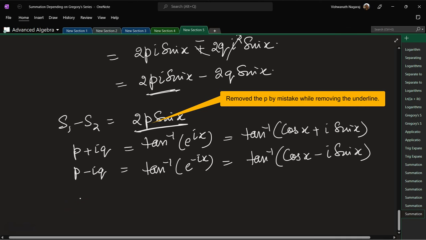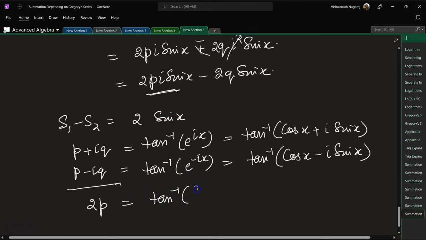Okay, so let's take this 2p sine x. No, before that, let's add it up. What do we get? iq gets cancelled. So 2p is equal to tan inverse of cos x plus i sine x plus tan inverse of cos x minus i sine x.